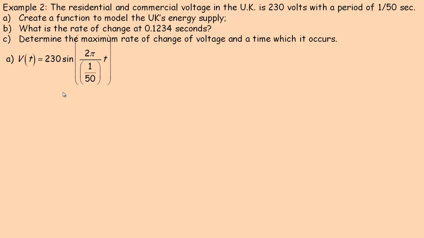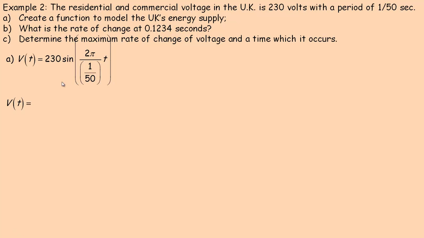Because it's 230 volts, it actually cycles between positive 230 and negative 230. So that's the amplitude. So the voltage at any time is 230 times the sine, and we're told the period is 1/50th of a second. So to get the constant with the t here, we divide 2 pi, the standard period of a sine or cosine function, by the actual period, the 1/50th.